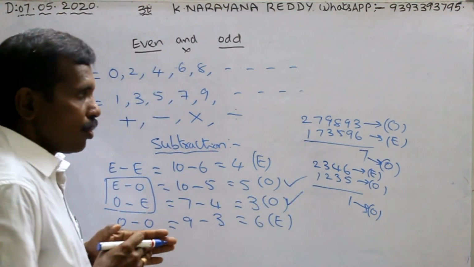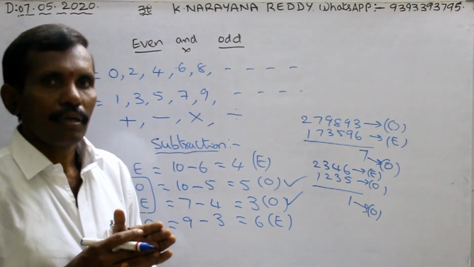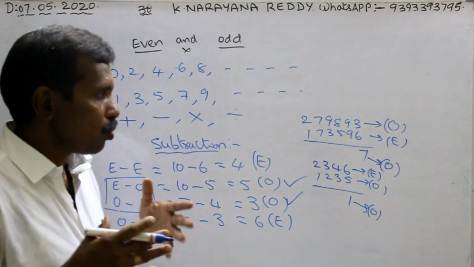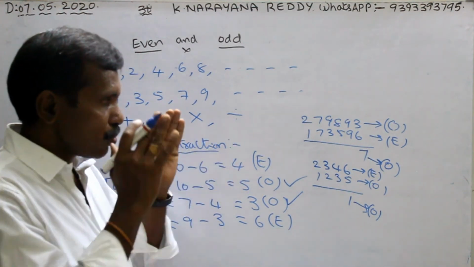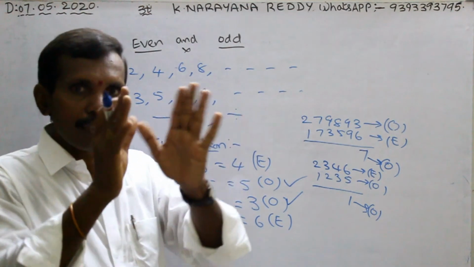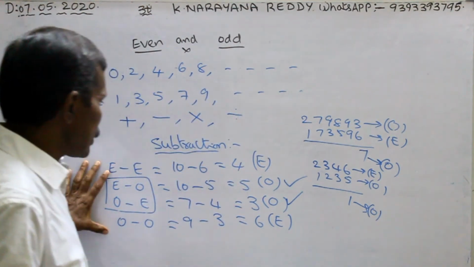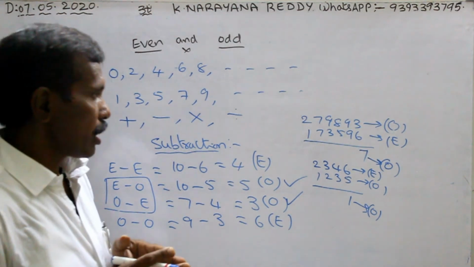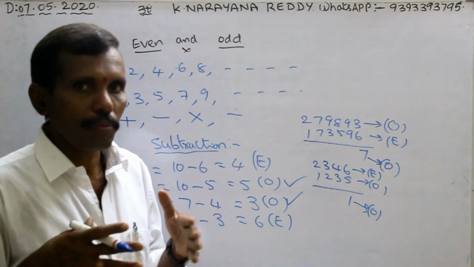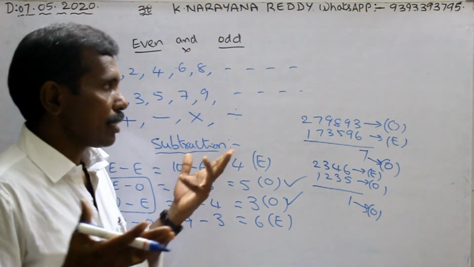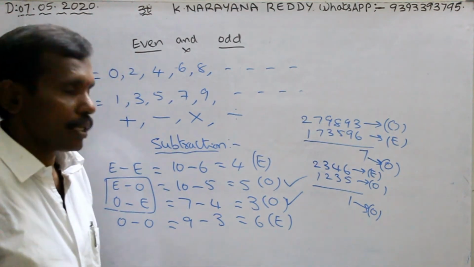In this way, in a complex examination, we can simply identify whether the answer is correct or not. You don't need to do the total calculation, just look at the problem and tell which type of number it is. That is why we can use this type of trick in competitive exams. Okay guys, please follow these steps, remember them, and practice many problems taking different numbers and different digits. Okay, next you can take multiplication.